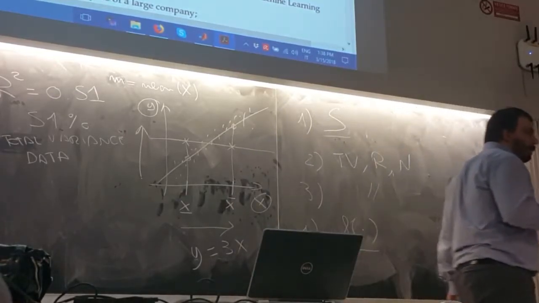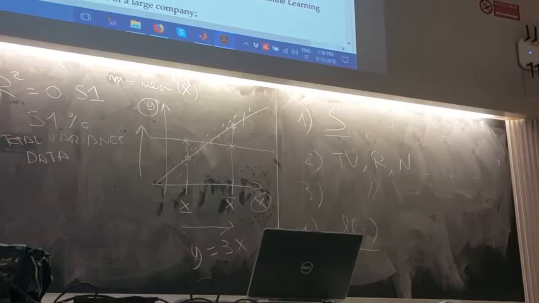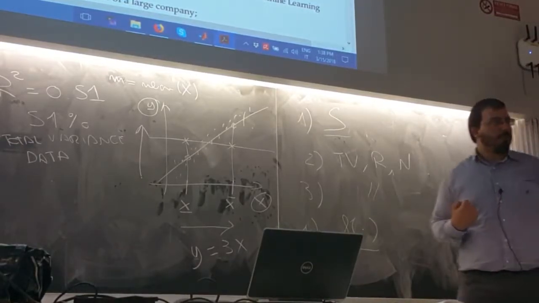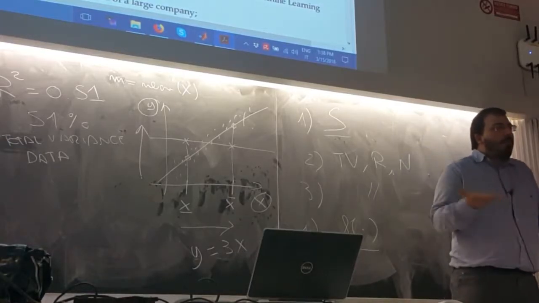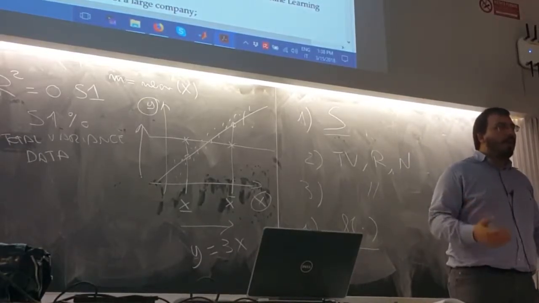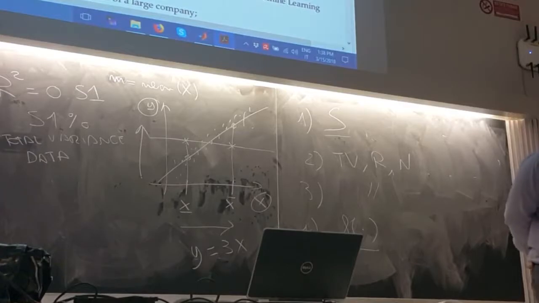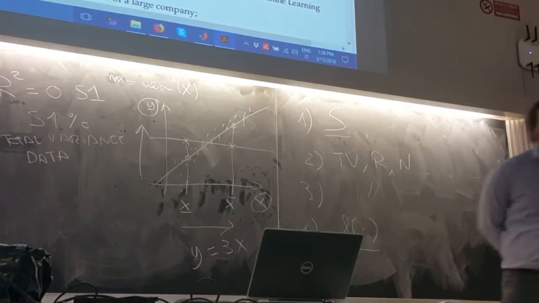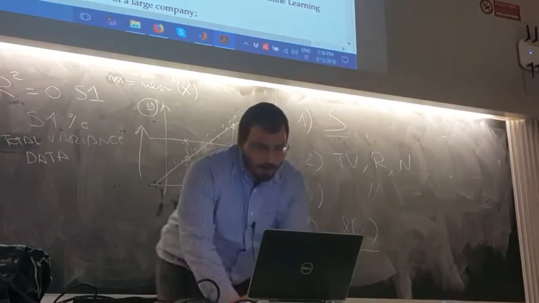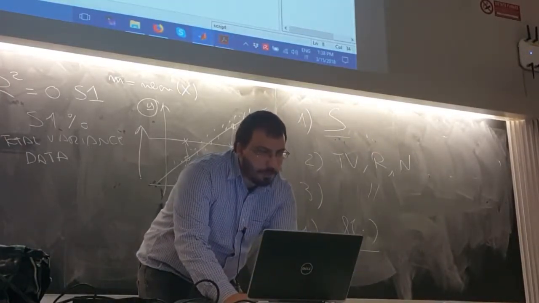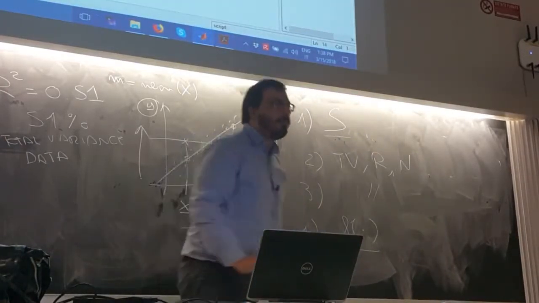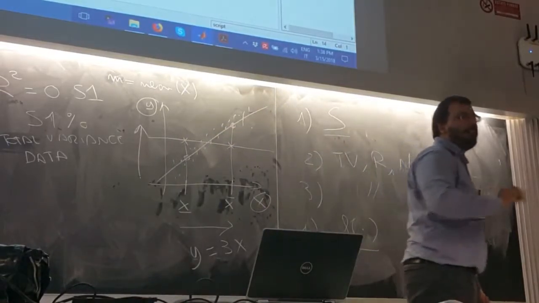Wait, if the problem is to predict S, I cannot consider S as a feature, because otherwise my problem is solved. In the previous problem we took one of the four variables to be the target. Yeah, sure. But after we choose the target, it's a feature no more.